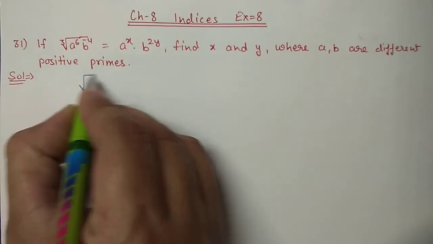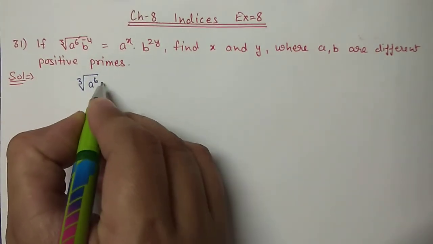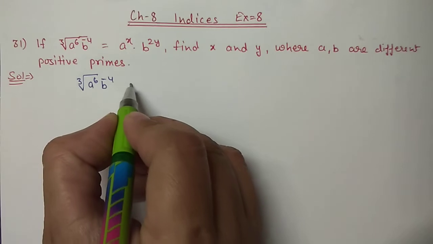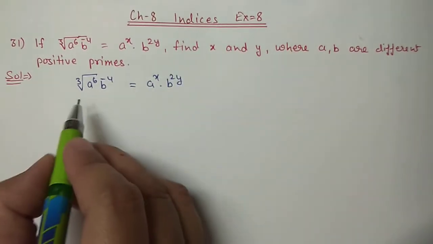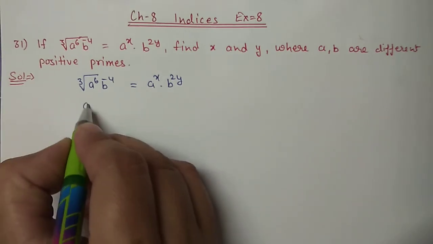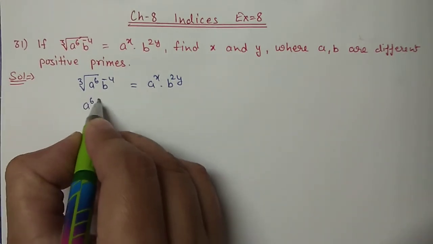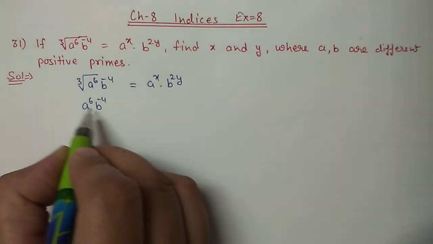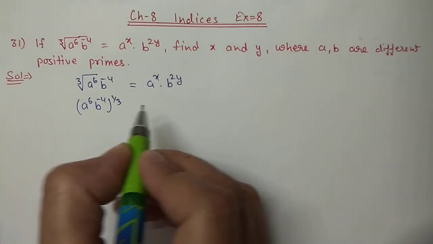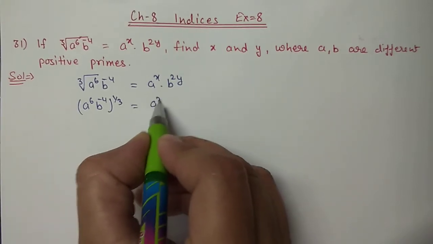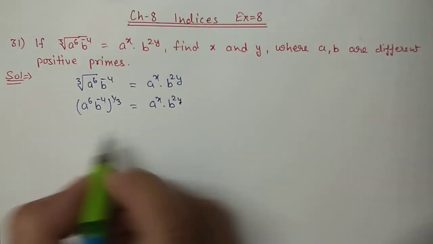So we have the cube root of a to the power 6 b to the power minus 4 equal to a to the power x into b to the power 2y. Cube root means we can write it as power 1 by 3. So (a to the power 6 b to the power minus 4) whole to the power 1 by 3 is equal to a to the power x b to the power 2y.